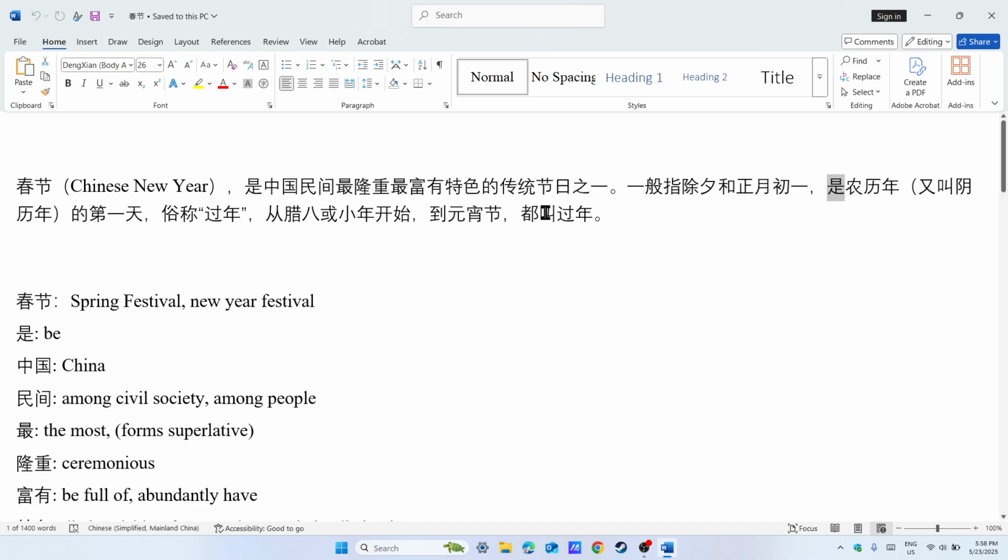And this one, 教, can be called a verb, but it's not as strict as in English, where you must have a subject and a verb in one sentence. In the Chinese language, sometimes a sentence can be without a verb, without a subject, etc.